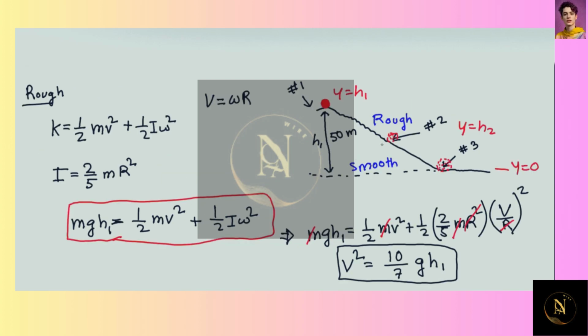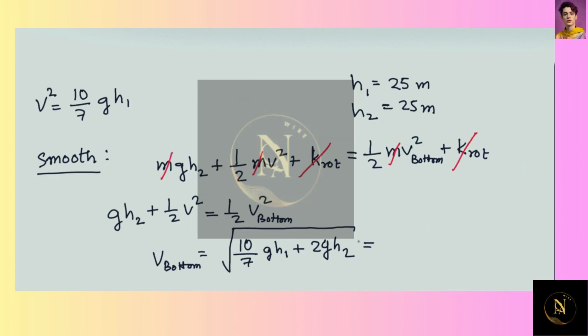So this right here is 25 meters. Using that information, we see that the velocity at the bottom is 29 meters per second.